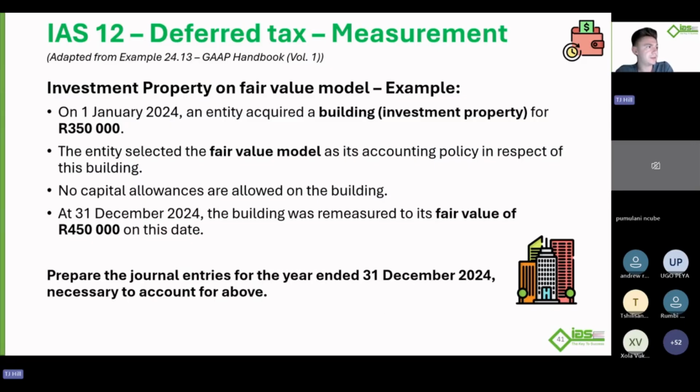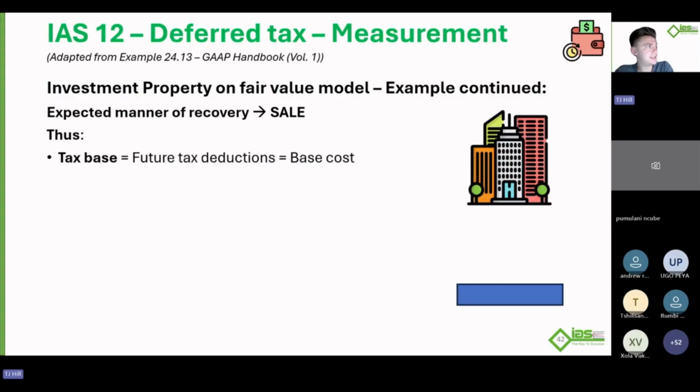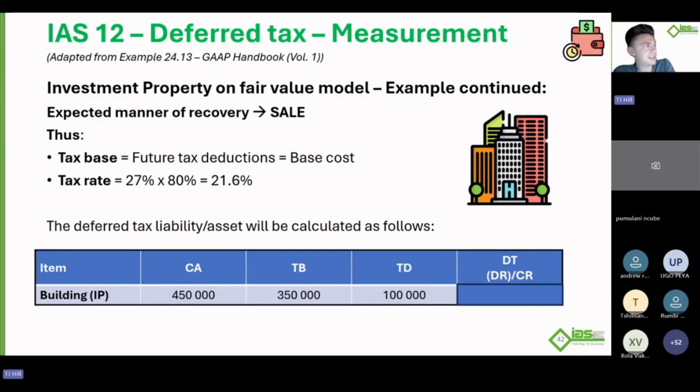Prepare the journal entries. It is presumed to be through sale because it is on the fair value model. Thus my tax base, which is my future tax deductions, because my future economic benefits are taxable and it is an asset, will be my base cost. The tax rate will be the CGT rate. Thus I would have calculated it as follows.